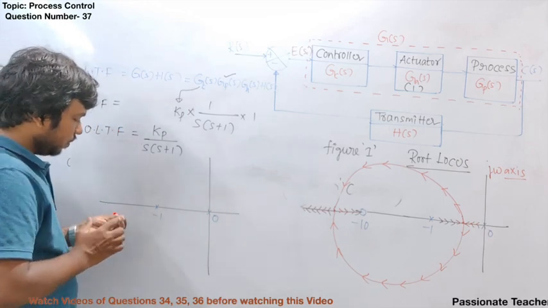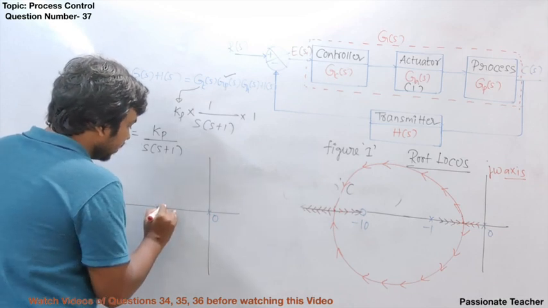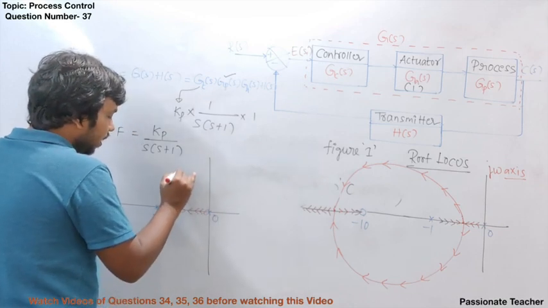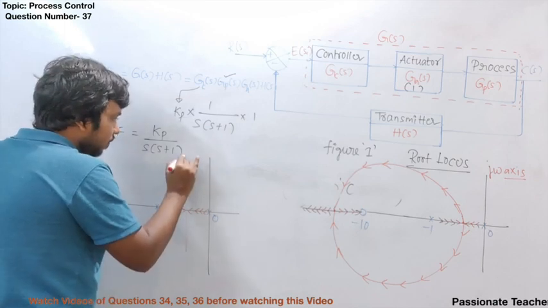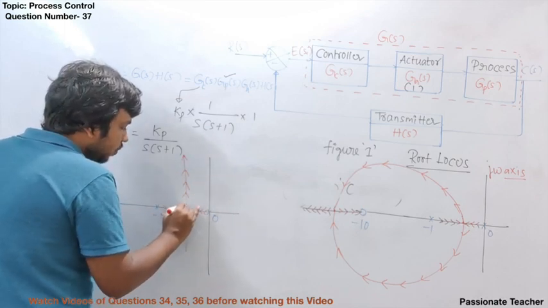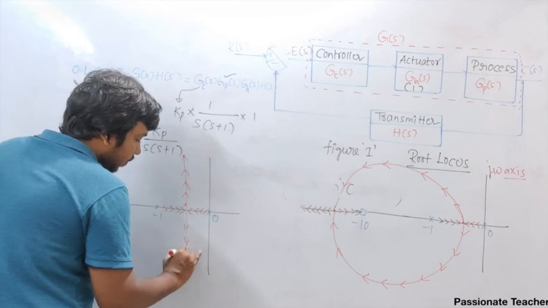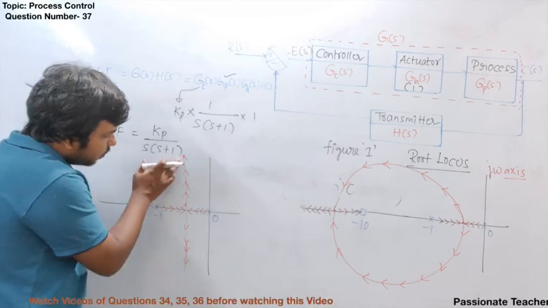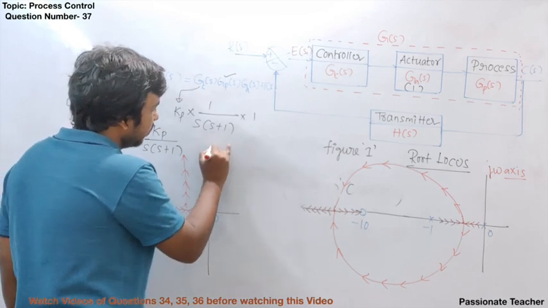If there is no zero, then the root locus will be like this. It will travel in this way and this pole will travel in this way. This is how the root locus diagram looks, correct? So what does it mean? In fact, this root locus is almost near the j omega axis.